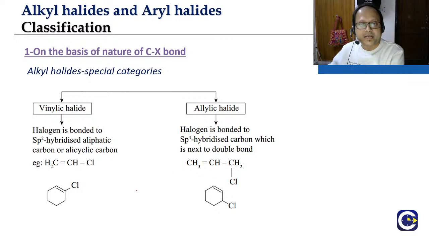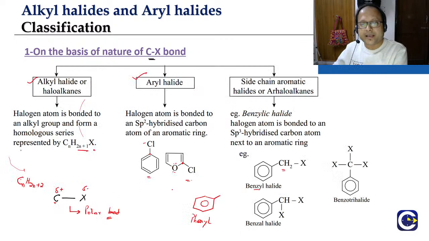Okay, so classification continues, and now we also have this special vinylic halide and allylic halide. So basically what is a vinylic halide? Whenever your halogen is directly attached to a double bond. Now you will say that in the aryl system also the halogen was directly attached to an sp2 hybridized carbon.